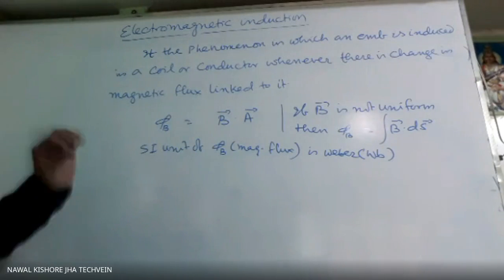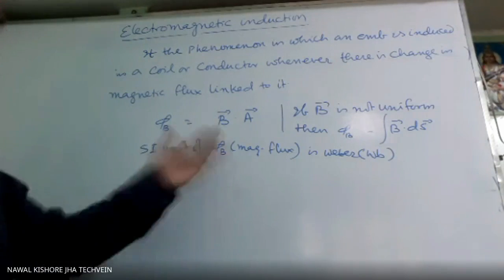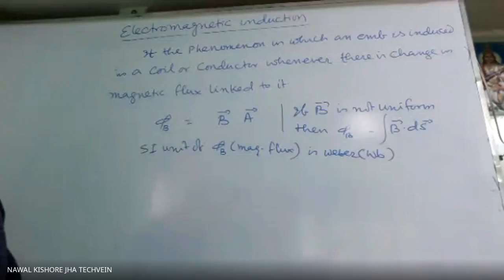Just for understanding, we define magnetic flux linked to any surface as the total number of magnetic lines. In the case of electric flux, already in Gauss theorem we have seen electric flux. Similar is magnetic flux.